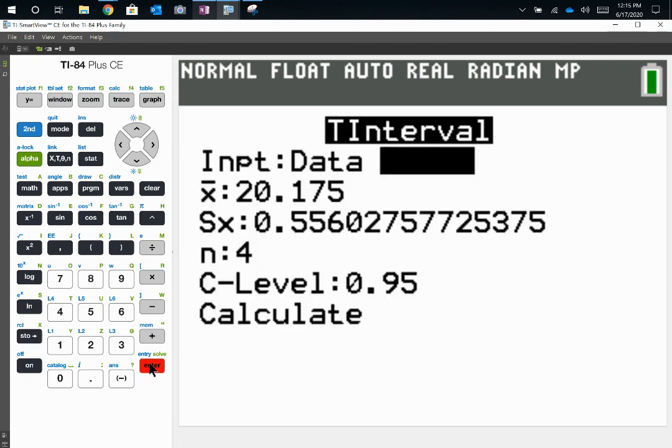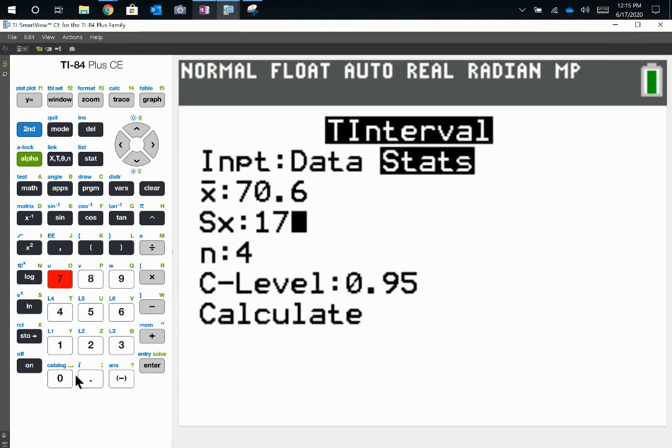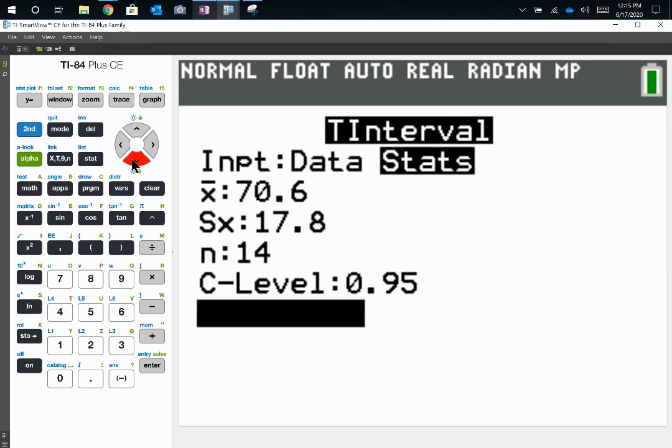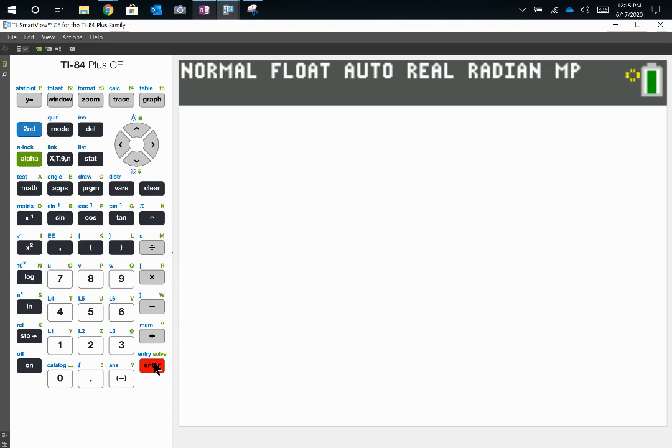Okay, and we're going to input the mean as 70.6, the standard deviation as 17.8, the sample size is 14, confidence level 0.95, enter.